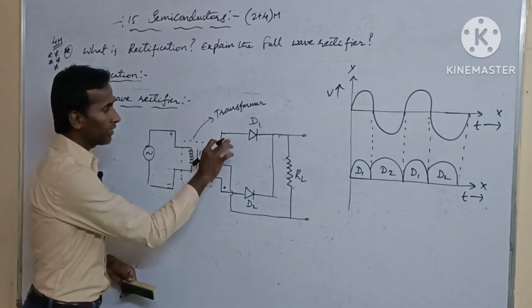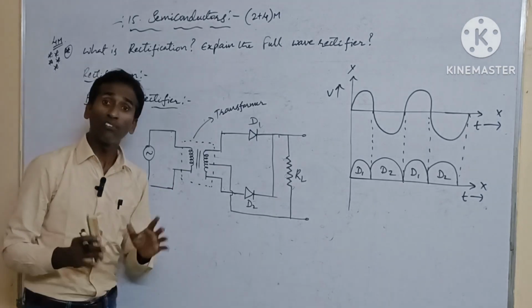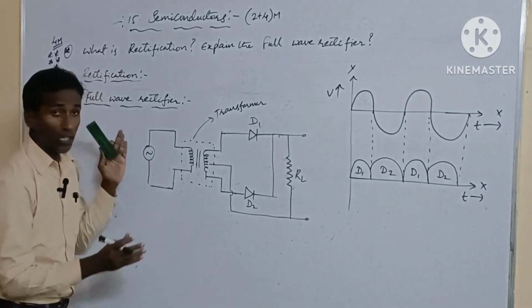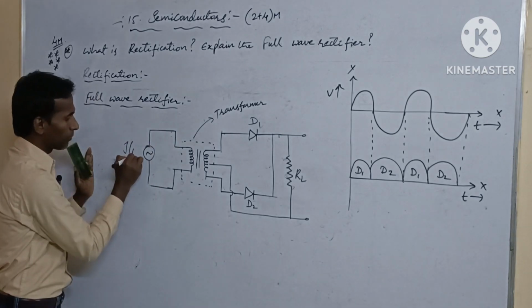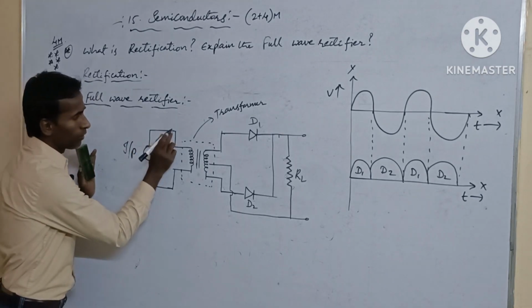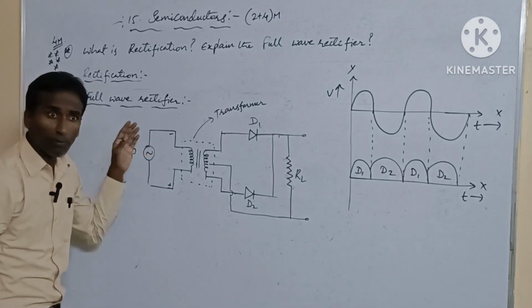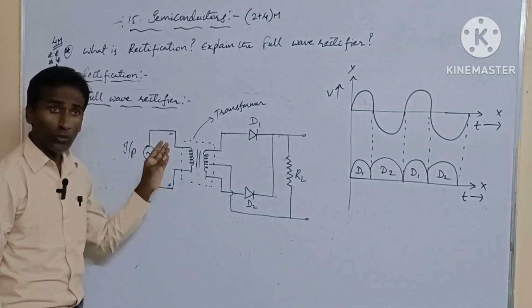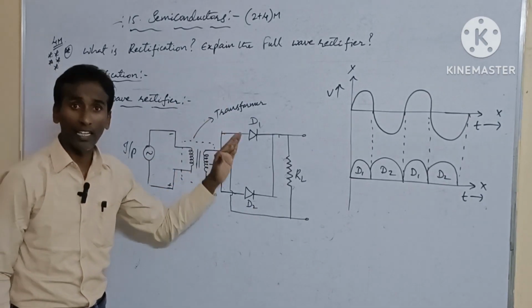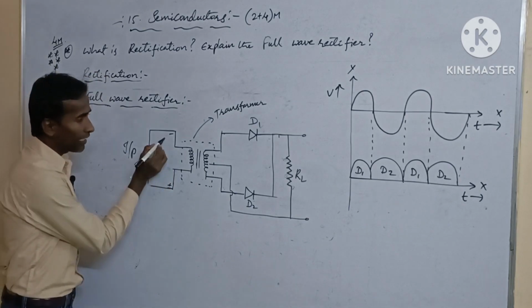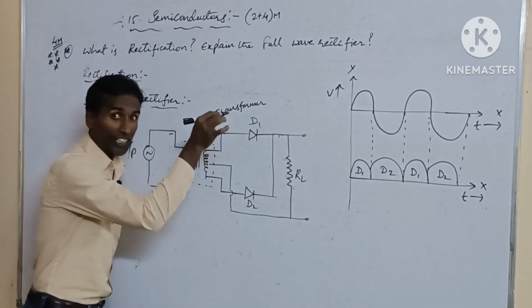Now see here. During the first positive half cycle, this is the input. When the current passes through the primary circuit, due to mutual inductance, the current passes through the secondary circuit through diode D1.